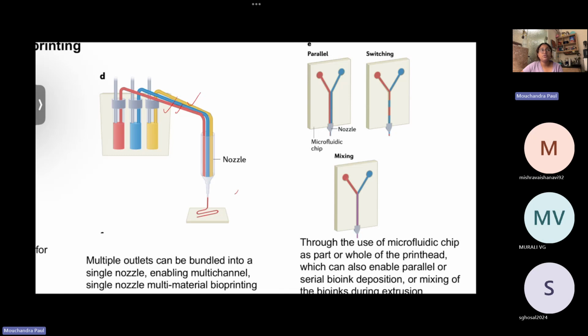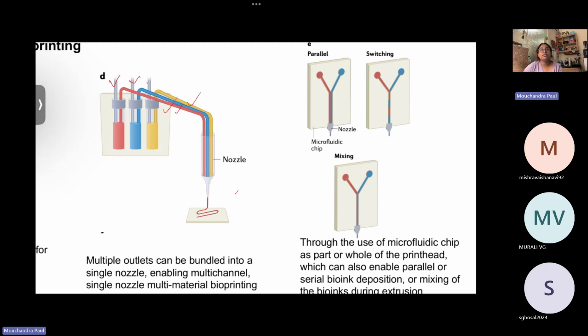So if you try to mix it manually, and note there are cells as well. So let's say reservoir A has Bioink A that is very viscous, B has a less viscous bioink, and C has the cells. So the step that you said is to mix all the 3 together first, make a single bioink and then do the job.